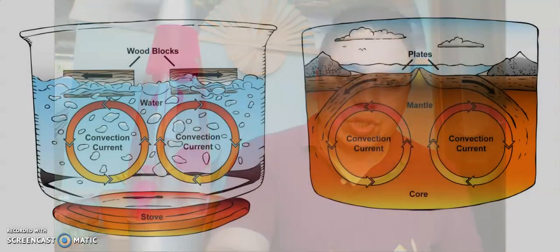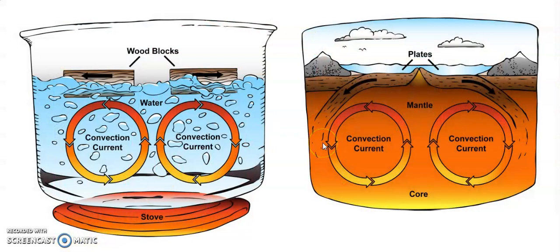And what does convection have to do with the mantle then? Well, it just so happens that convection also happens inside of the mantle. In here, they're giving us an example also. Think of a pot of soup, and here's your stove. And it's the same principle. The water that is closer to the bottom gets warmer, so it rises up with the bubbles. But once it cools down, it falls back down to the bottom, and so on and so on.